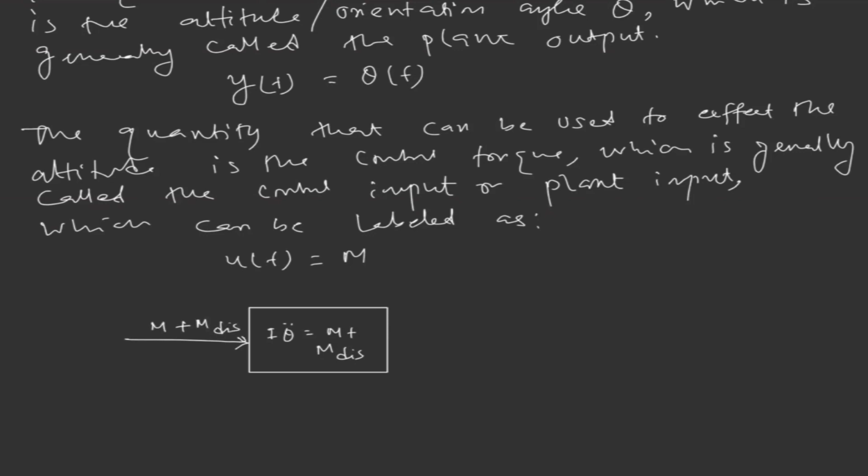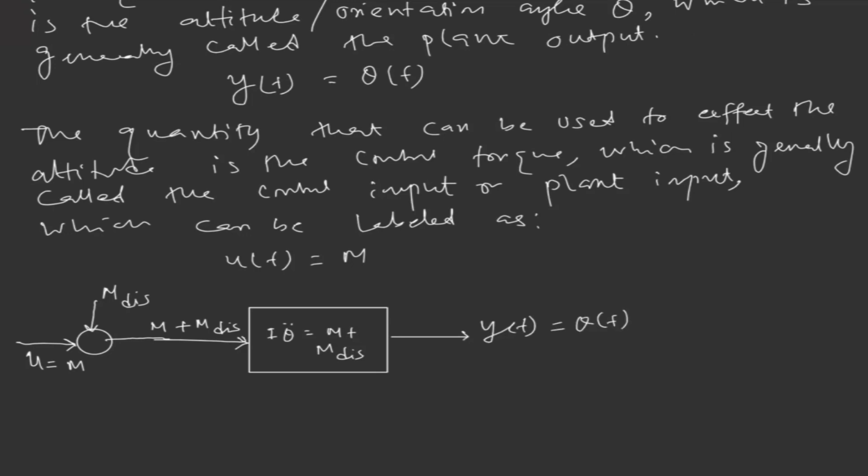Here I have a summing point, with m dis coming from external perturbations from the outside, it may be disturbance, and m equal to u coming from the controller. And the output from this system is y of t equal to theta of t.